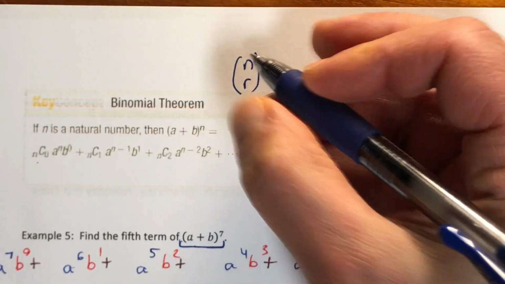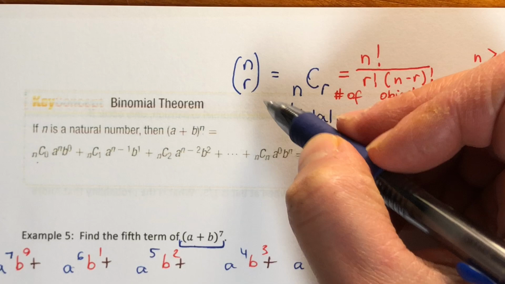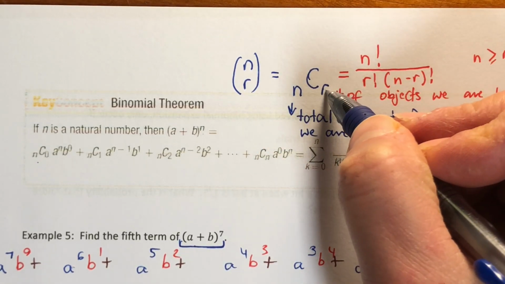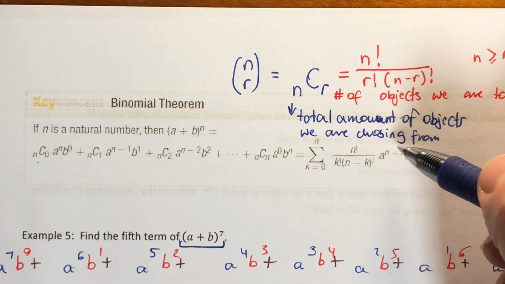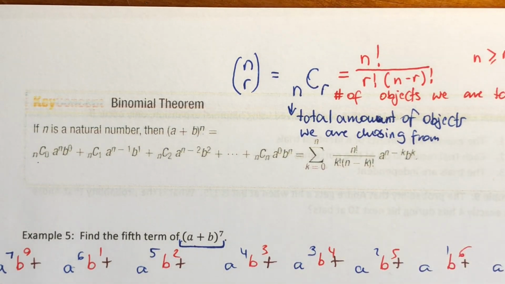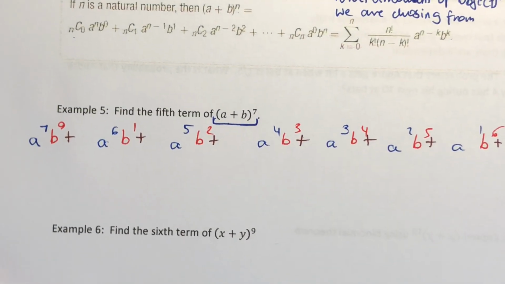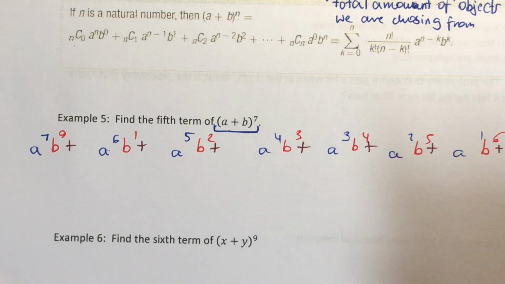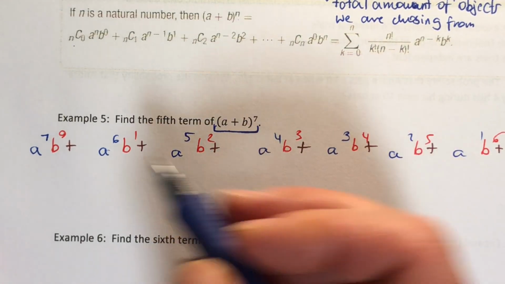So if you see n over r and there's no division line, that is equivalent to this notation, and that is equivalent to this factorial formula. So let's see. I am going to use this because it's shorter. So what is my n? My n is 7.